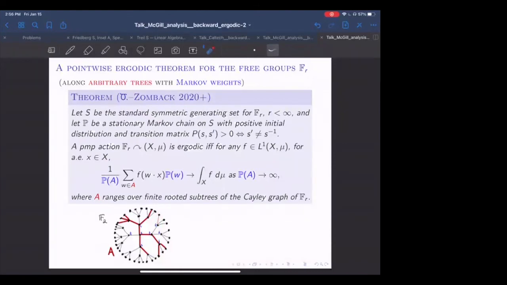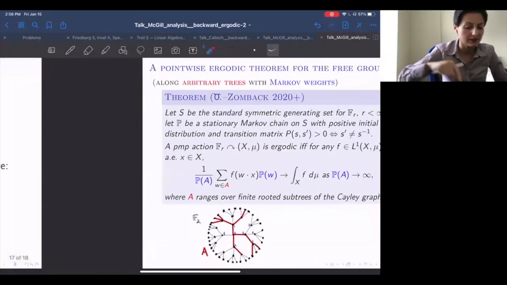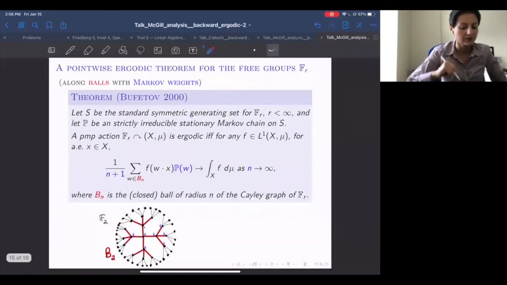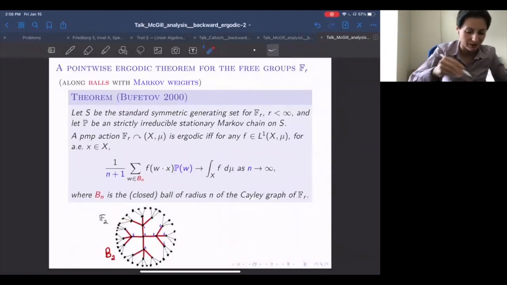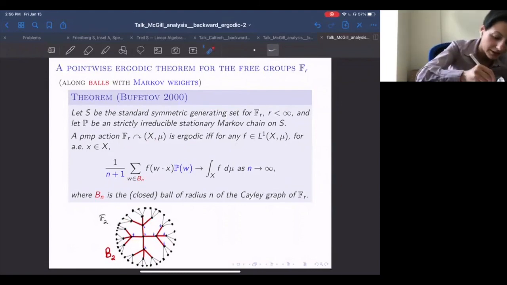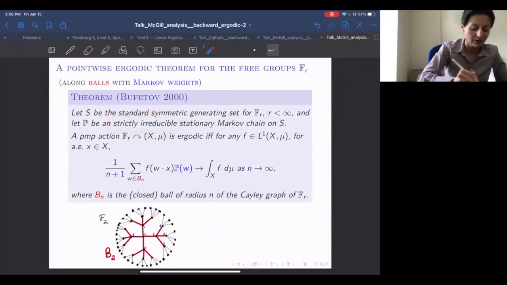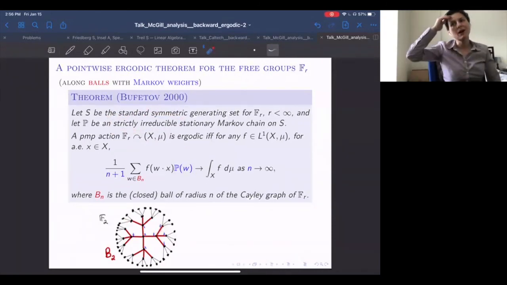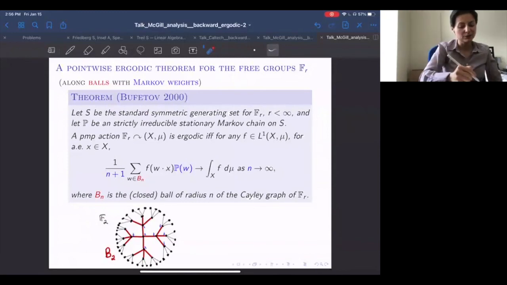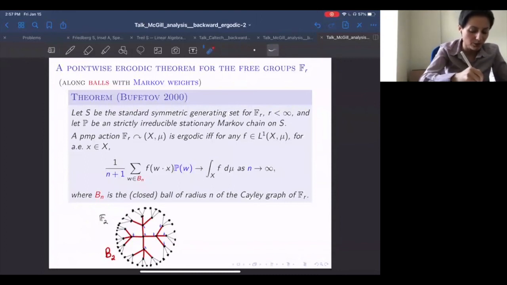But Bufetov allows such transitions because, as I said, he in fact proves it for semigroups, so there are not even inverses to talk about. He allows such transitions, but he assumes strict irreducibility. So this is even stronger than irreducibility, which means that maybe he gives this probability 0, but somehow he's able to go to that element.